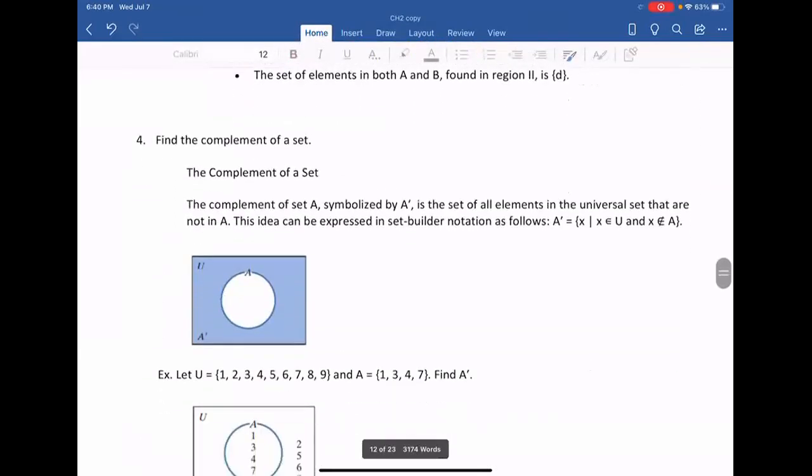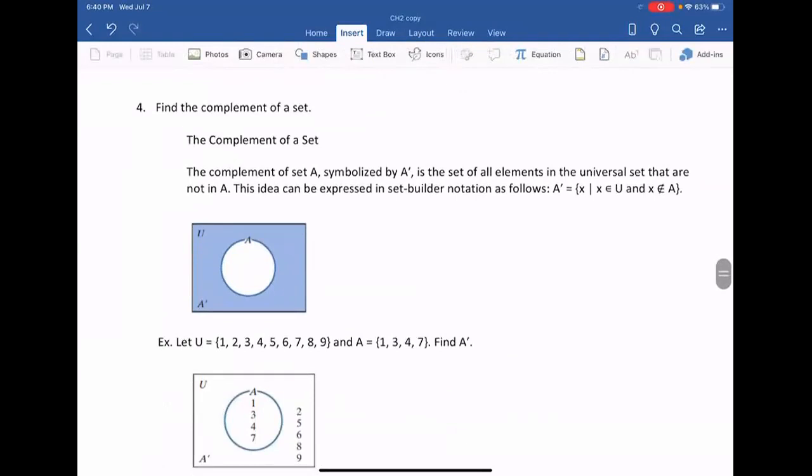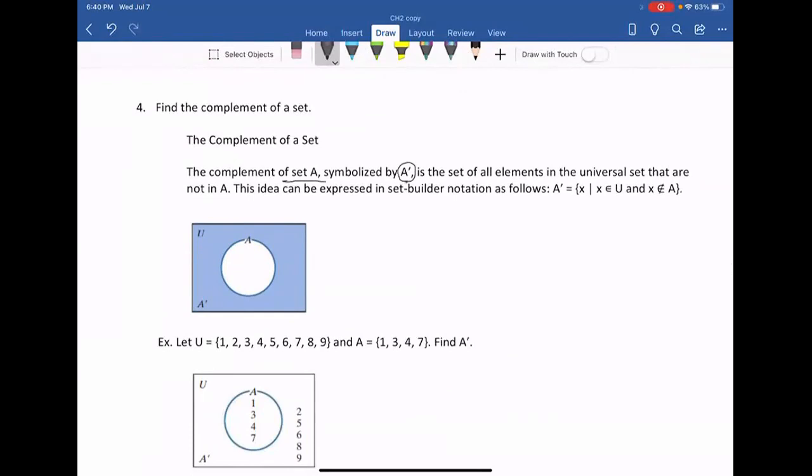Okay, let's go on to the next part, part 4. Find the complement of a set. The complement of set A, we already talked about this. We denote it by this.